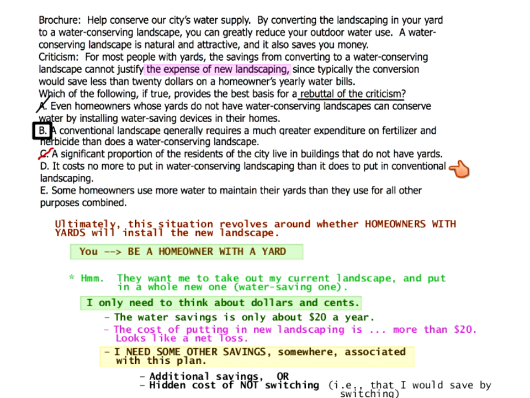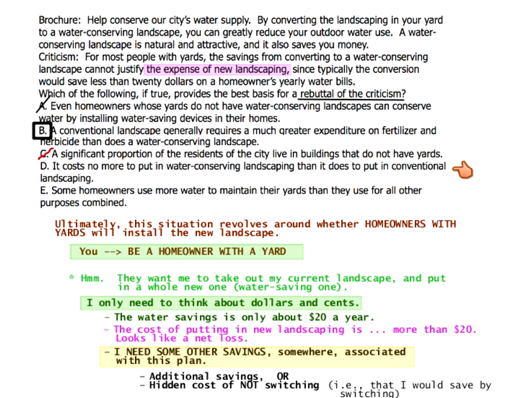So it's not the cost, it's not apples and oranges, it's not apples and apples here. I don't need to compare the cost of new this to new that. I just need to think about the loss entailed in converting it. So yeah, it's a conversion. D ignores the fact that you have to do a conversion cost.